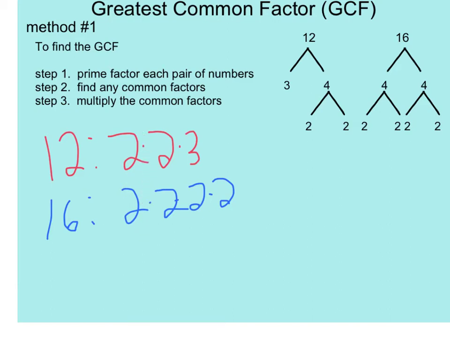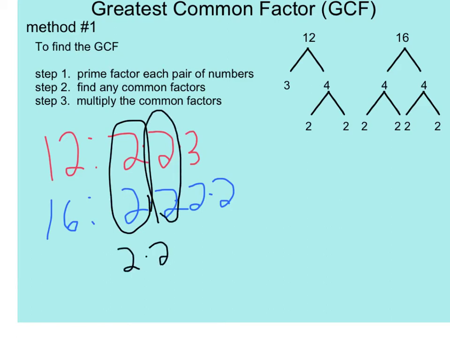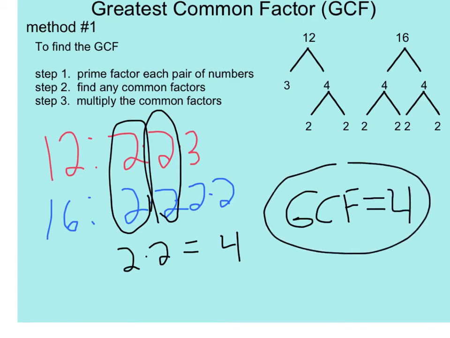Now let's circle what they have in common. Well, they have this in common and they also have this other 2 in common. So if we put those together, 2 times 2 is 4. The greatest common factor between 12 and 16 is 4, and that was one way to do it. So 4 is the biggest number that can divide 12 and 16.